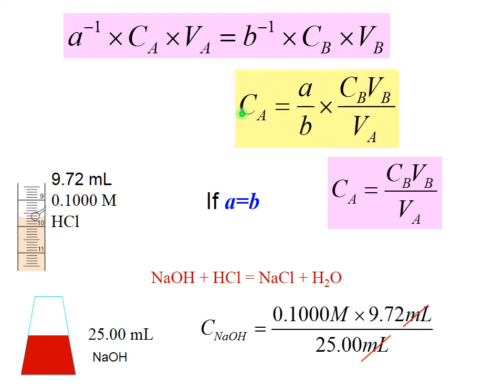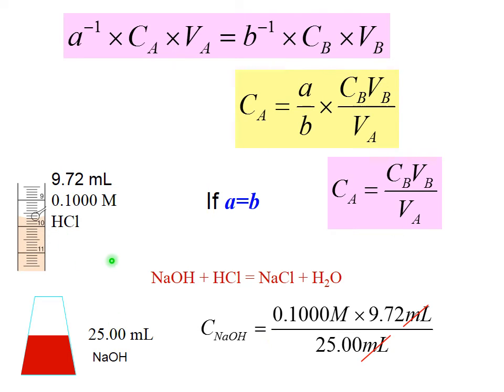Now we can solve this equation for the concentration of our analyte. In very common cases, coefficients A and B are the same, or even better equal to 1. Then our equation simplifies and is exactly the same as the equation for your dilution process.